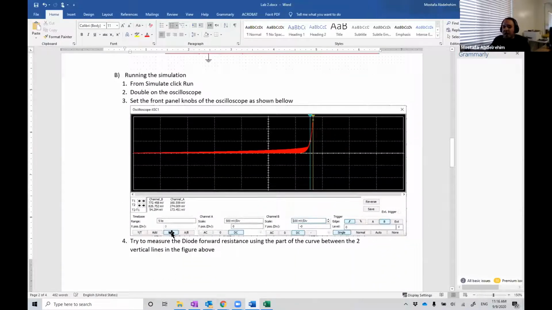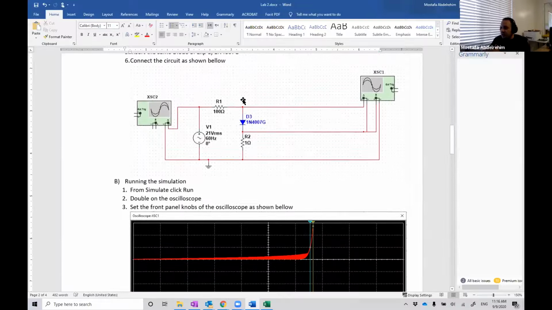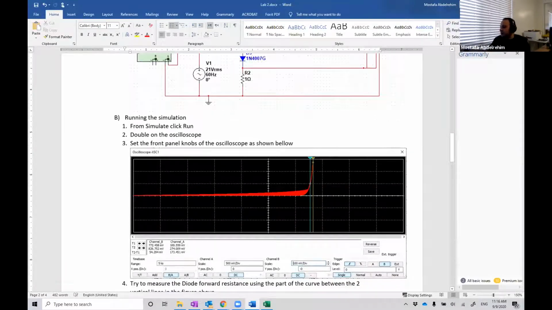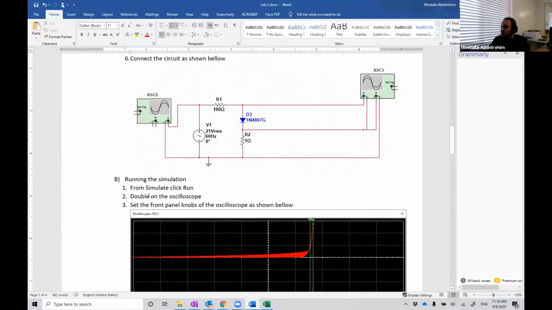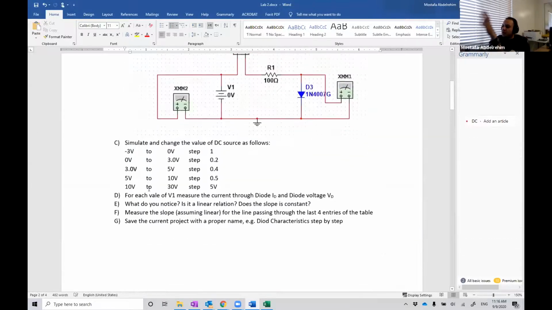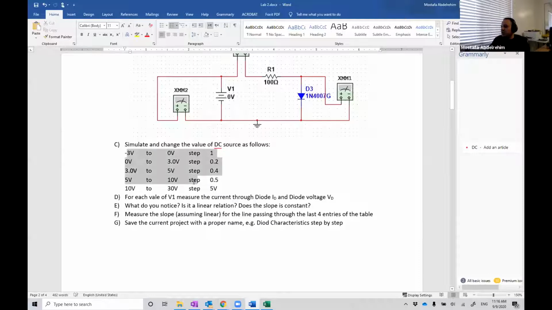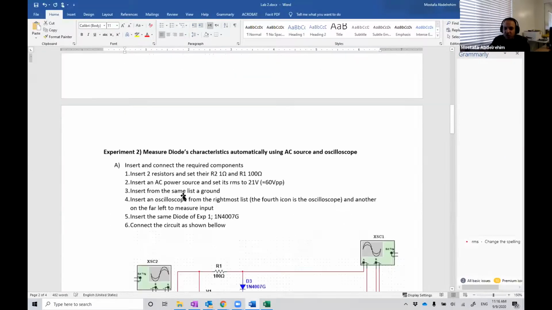And A on the horizontal axis, which is VD, right? So this will give you the characteristic automatically. It's a very simple step, and you don't need to collect all these values by yourself.